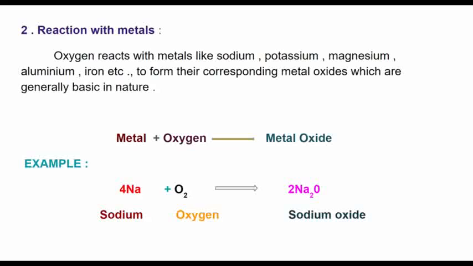For example, take sodium metal and oxygen, it gives sodium oxide. See, 4Na plus O2 gives 2Na2O. Na is sodium, O2 is oxygen, and it gives sodium oxide, that is 2Na2O.